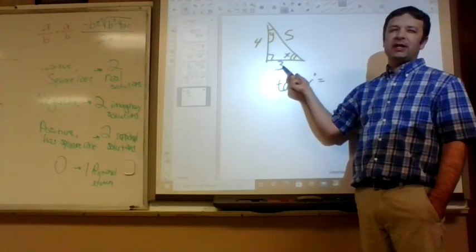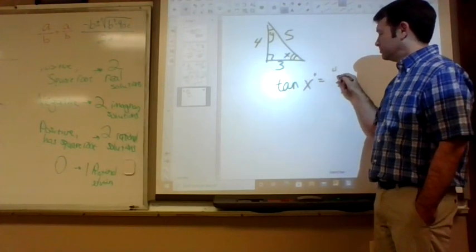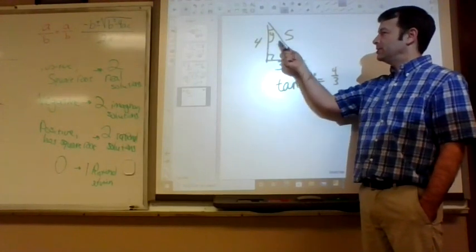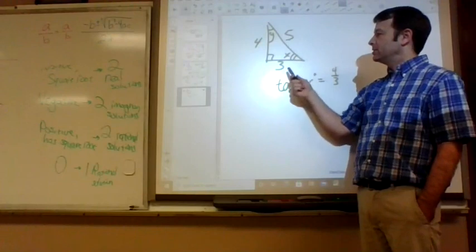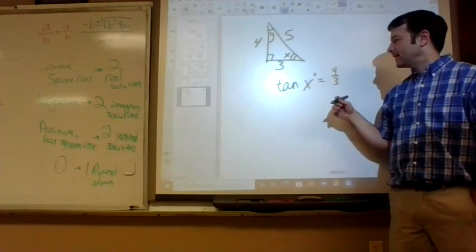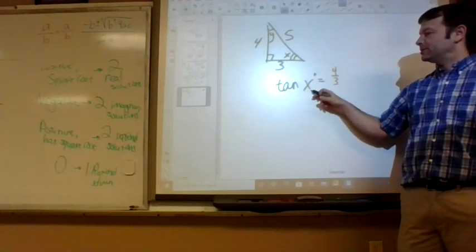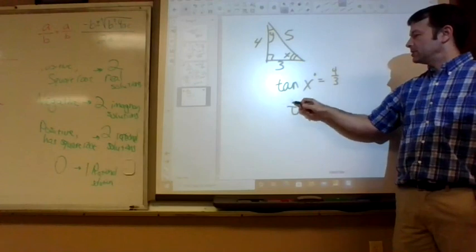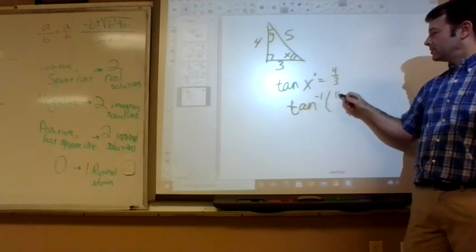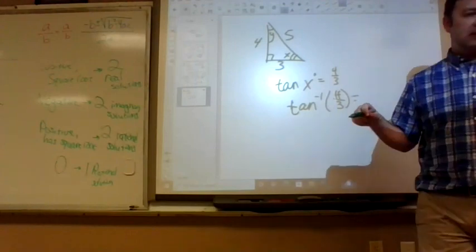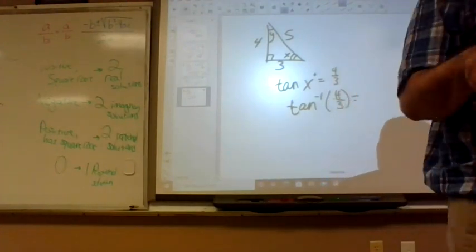Did I have to use tangent? No, I could have used sine or cosine. Okay, how do I find the angle? Inverse. Tangent inverse of 4/3.